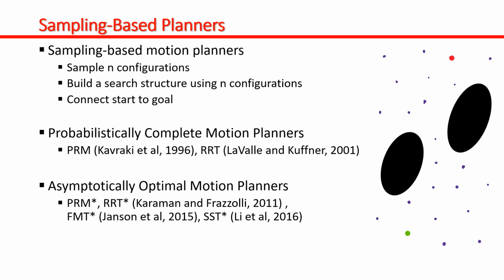Now, going back to the sort of algorithms that we will focus on in this talk, we need to look into sampling-based planners. Sampling-based planners are essentially a rich literature of algorithms that have looked into sampling the configuration space and then creating data structures that can express the connectivity of the space till the start and the goal are connected with a path.